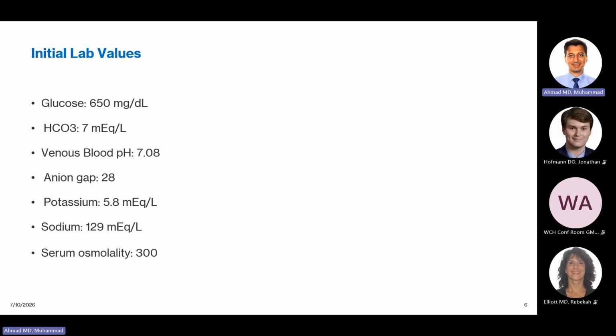So based on these values, based on the information that you have got so far, what do you think are the differential diagnoses? Okay. Diabetic ketoacidosis. What else? Good. Gastroenteritis. That's a good one.